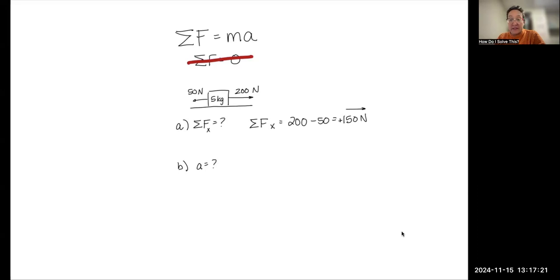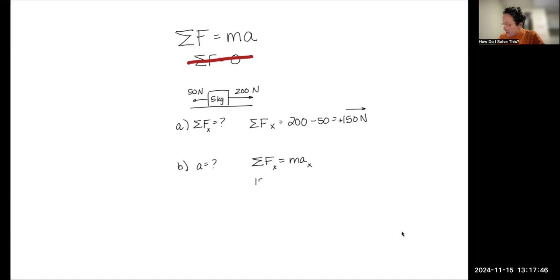Now, to figure out what our acceleration is going to be, we're going to go back to that key equation, which is that net force equals ma. And the cool thing about physics is that we can break it down into any direction, right? So here we're really just worried about the x direction, and that's going to tell us about the x acceleration. So let's plug it in.